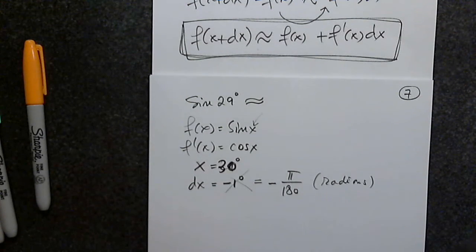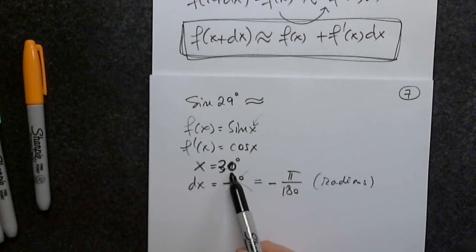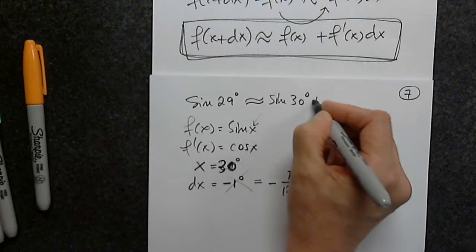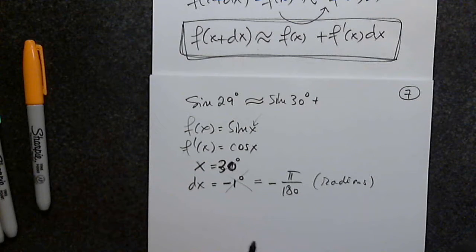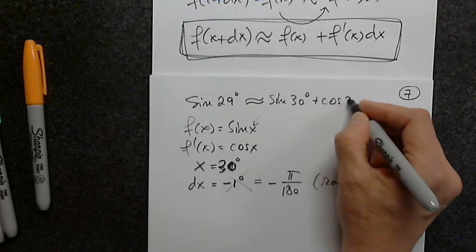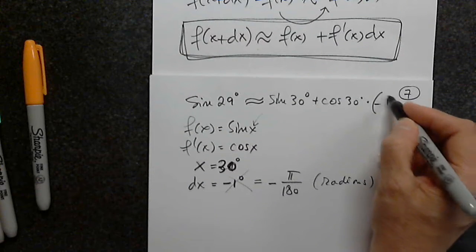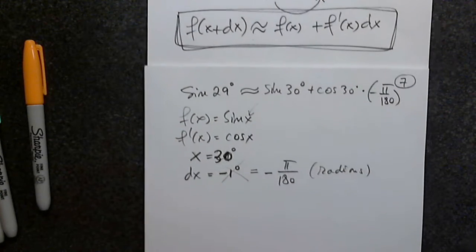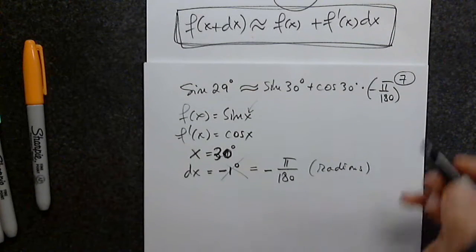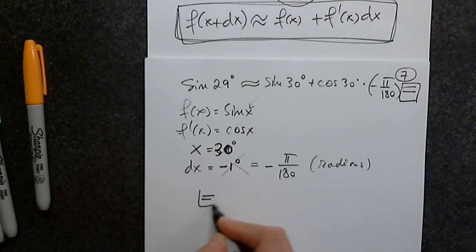What do I have to write next? The function of 30, so sine 30 degrees plus the derivative, very good, cosine 30 times exactly negative pi over 180. Perfect. So now I can write the equal symbol. At this point, this equals. That's correct.